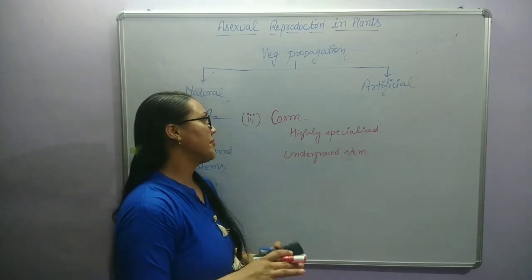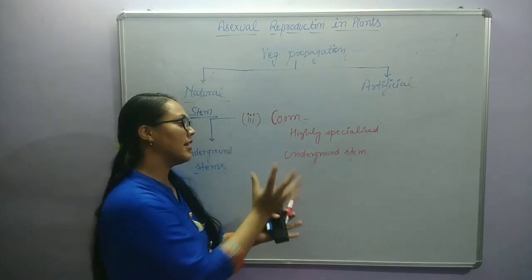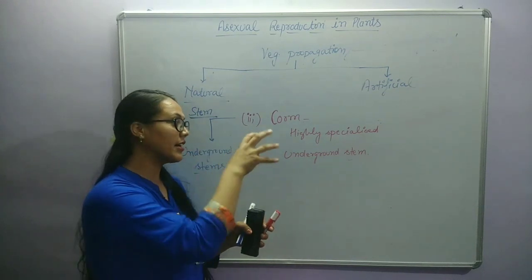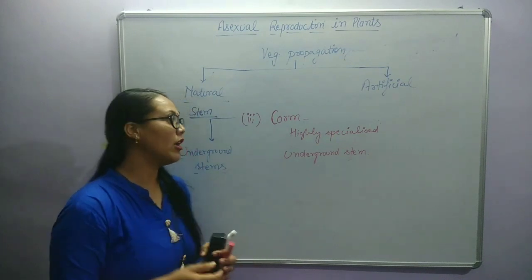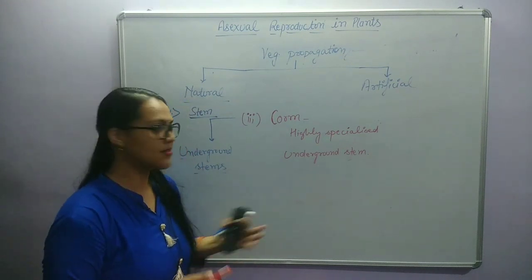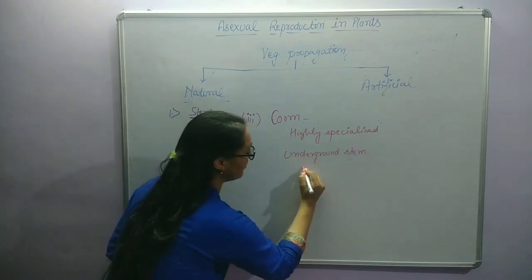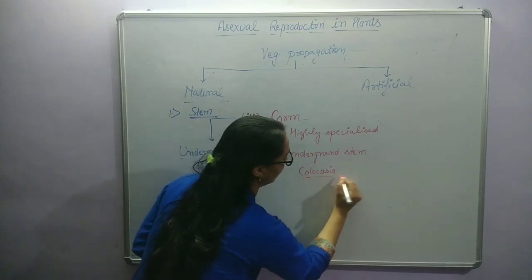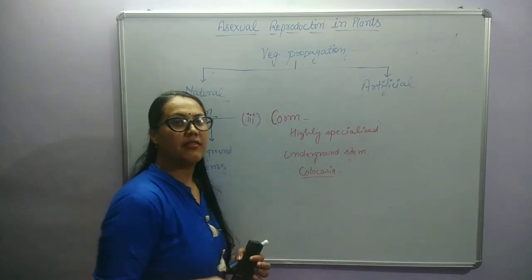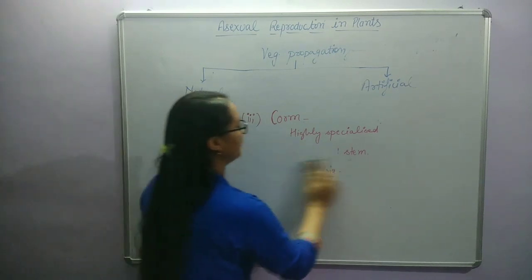It is a special highly condensed stout structure containing very much condensed and crowded nodes and internodes, and from each node arises a small plant in the same way as we have studied earlier. So corm example, colocasia, that we call arbi in our local language, is corm.